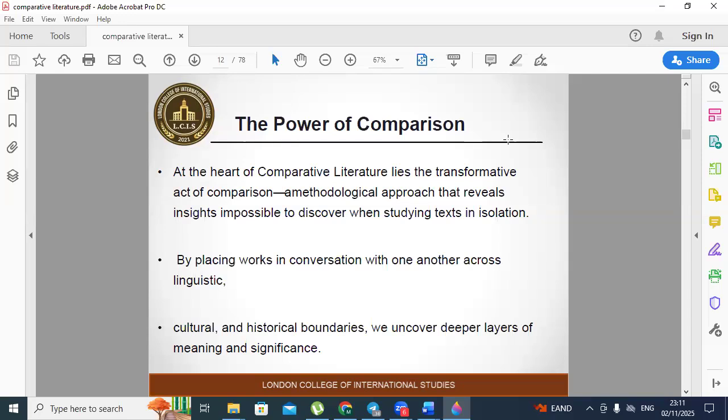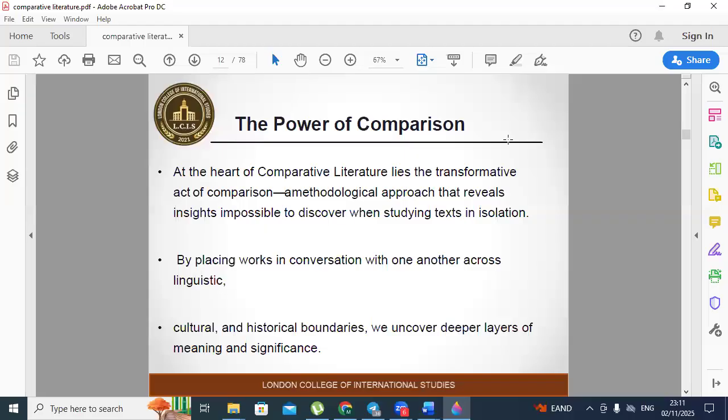This slide zooms in on the single most important methodological tool in the field, the act of comparison itself. It called this act transformative. The key insight here is that comparison is not just about noting similarities.